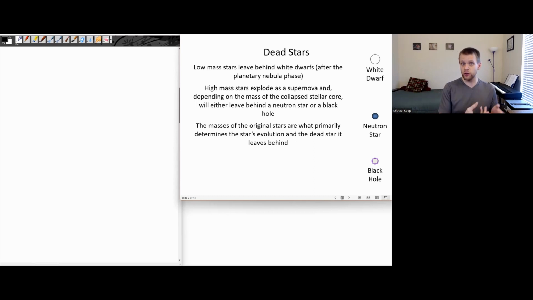If the star has too low of a mass, it won't even become a star. It'll just be a brown dwarf. And again, that mass of the star is primarily what determines the physical properties it's going to have and how it's going to evolve.